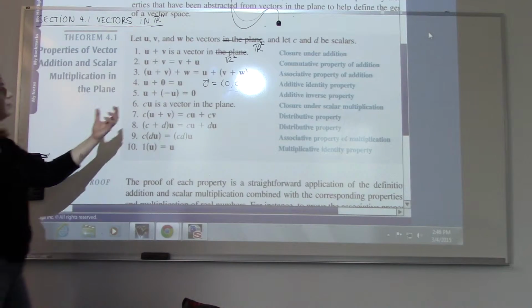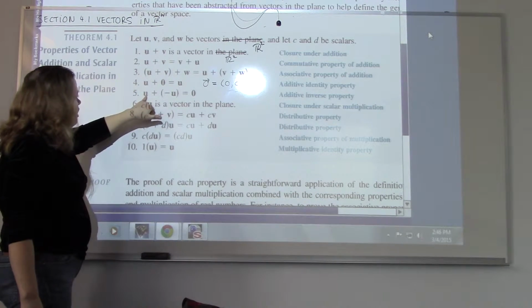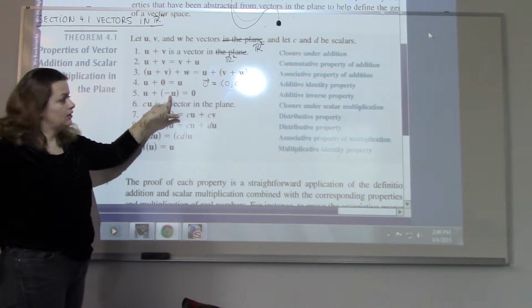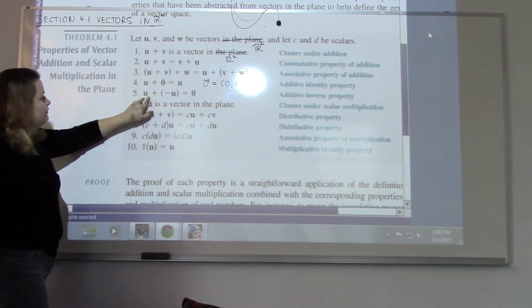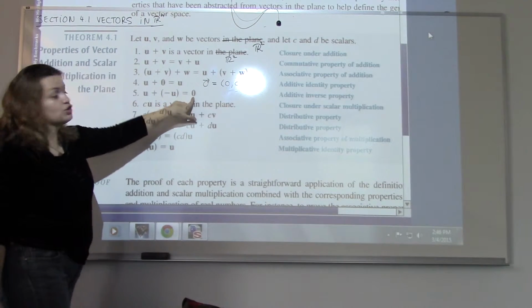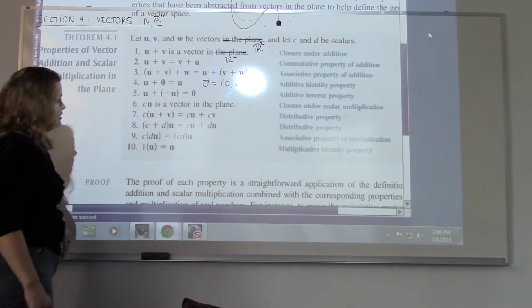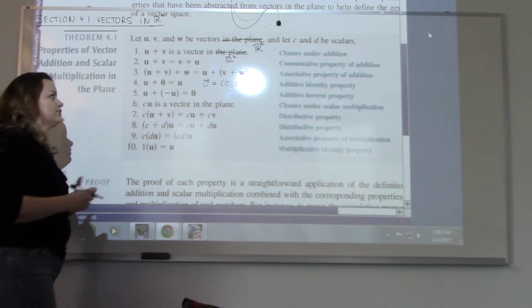If you add 0, 0 to a vector, you add them component-wise and you get u. Now, negative u is the additive inverse. If you add a vector and its additive inverse, you should get the 0 vector. We take these things for granted because that's how the geometry that we've learned so far works.